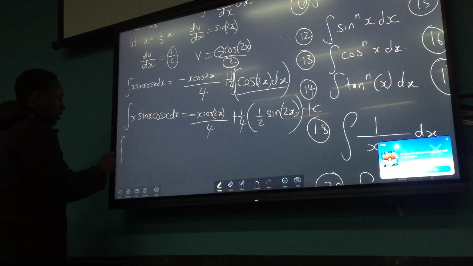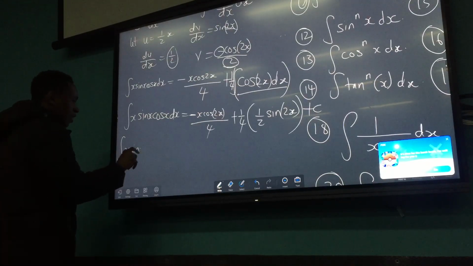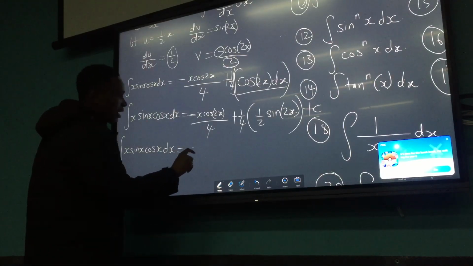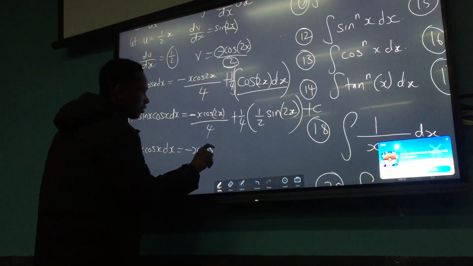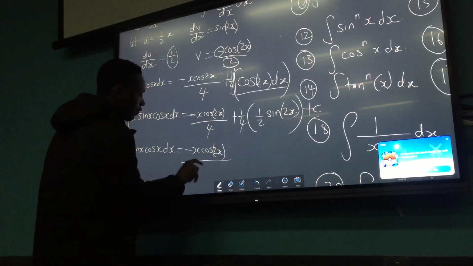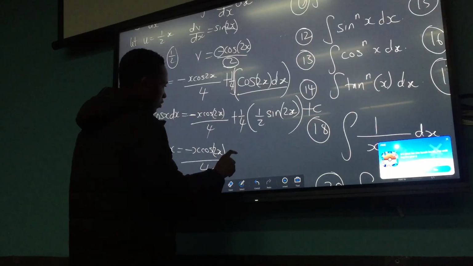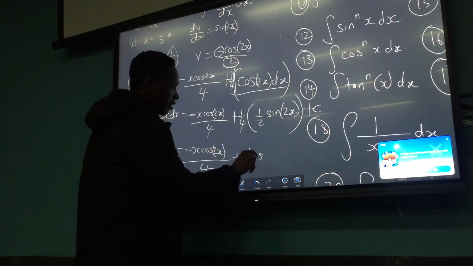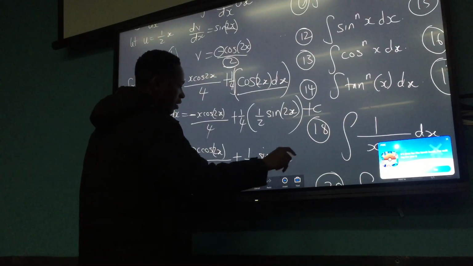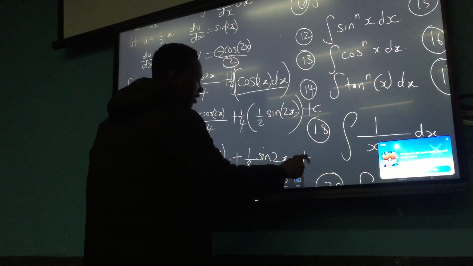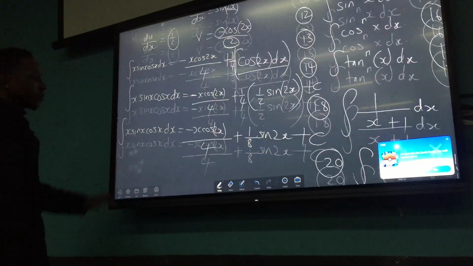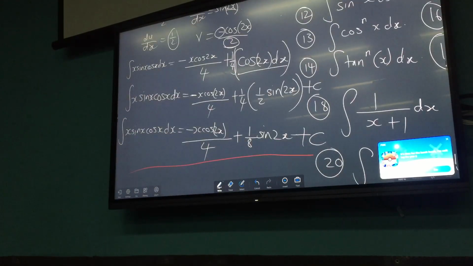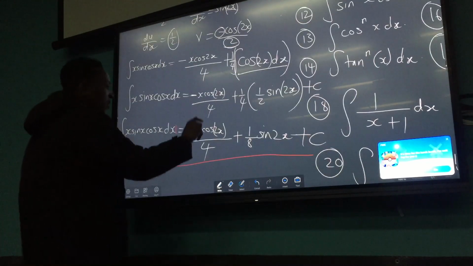So that's going to give me the integral of x sine x cos x dx is equal to minus x cos 2x over 4 plus 1 over 8 sine 2x plus a constant of integration c. So that's my solution right there. Yeah, so that's the correct answer here.